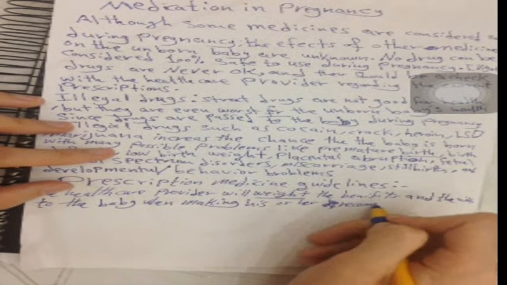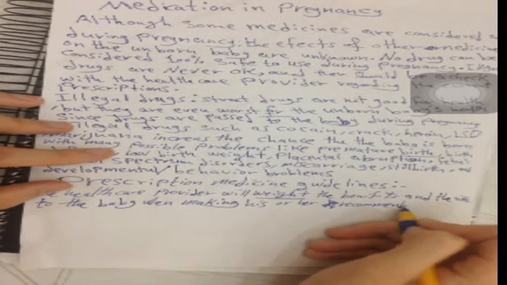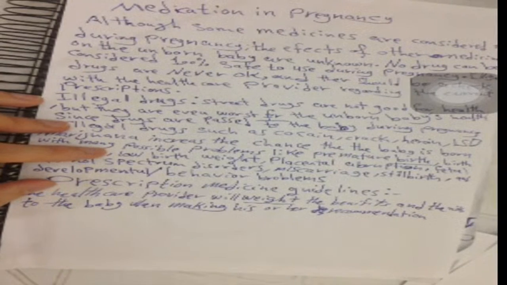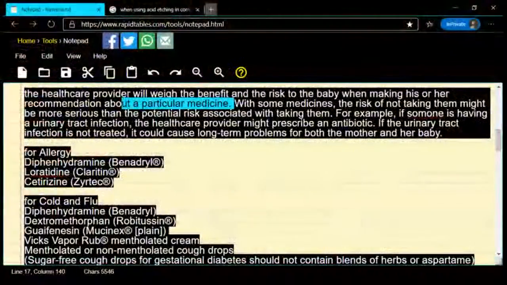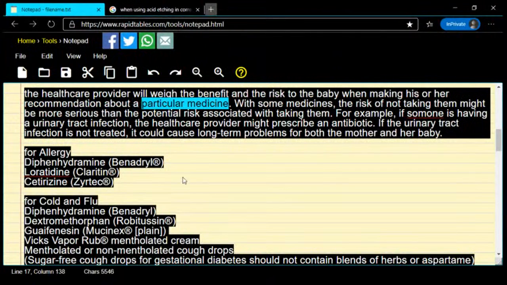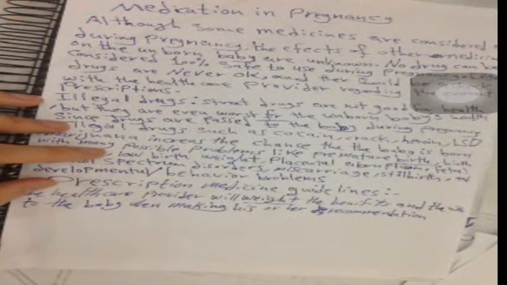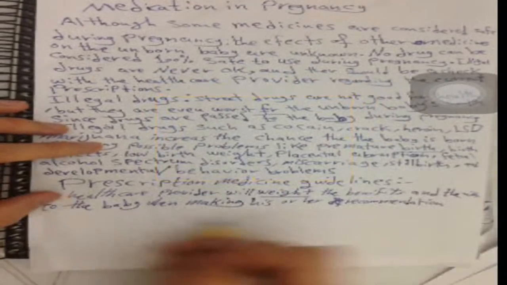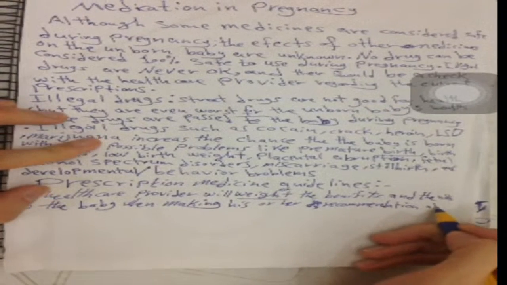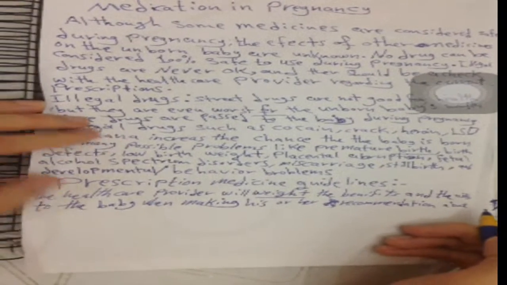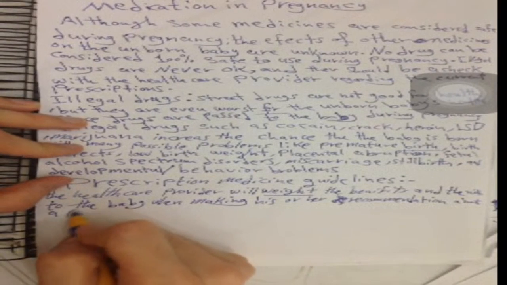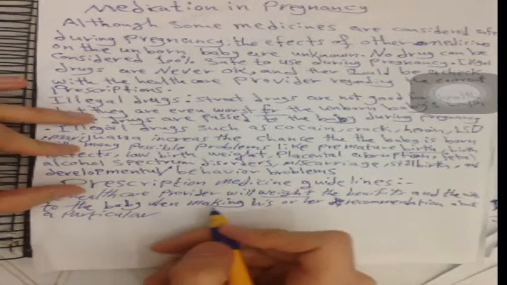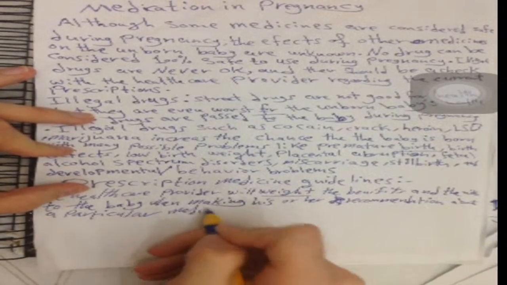Recommendation about a particular medicine.